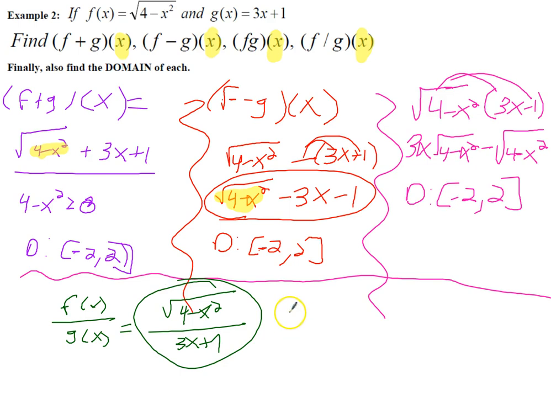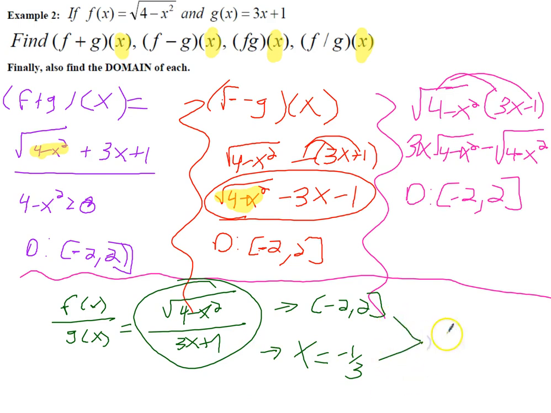Now the domain is a little bit more challenging. On top, we know it has to be from -2 to 2, right? We've talked about that. That's what makes sure that this is going to be a positive number. But we add another layer to this by doing division, and we get that x cannot equal -1/3 because we can't put 0 in our denominator.